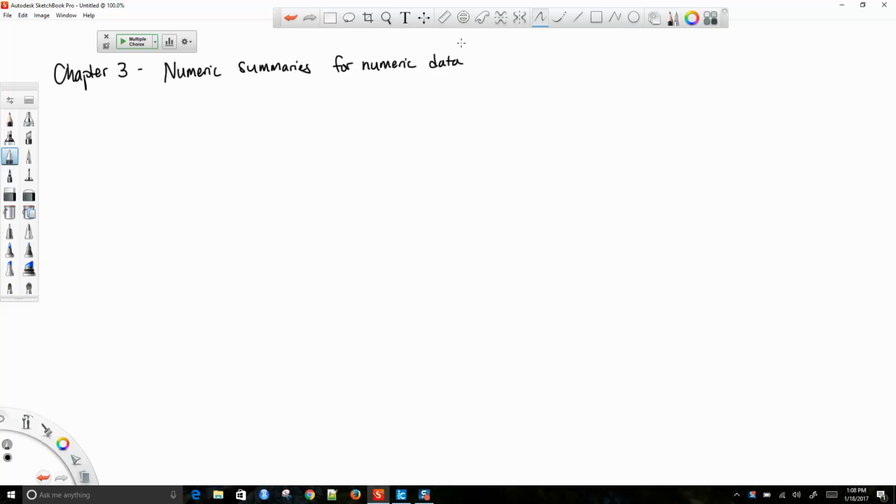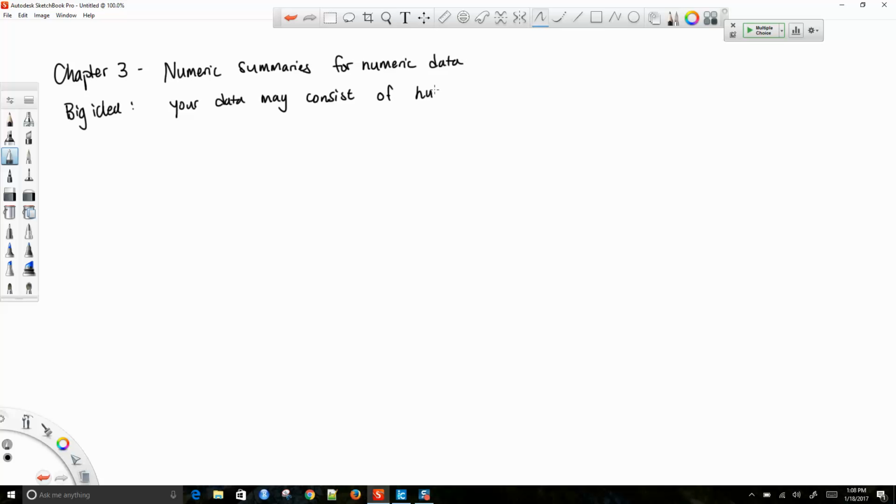Okay, and so the idea behind a numeric summary is that you might have lots of data. Here's the big idea: your data might consist of hundreds or thousands of observations.